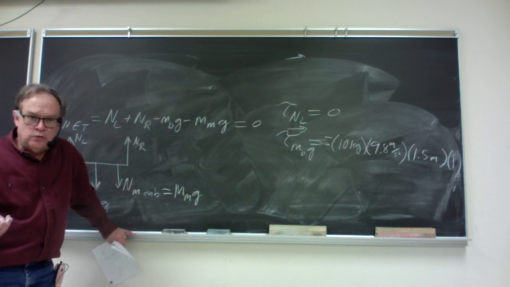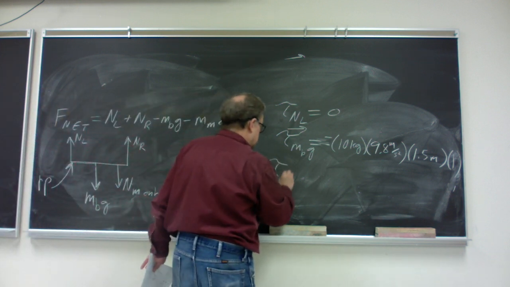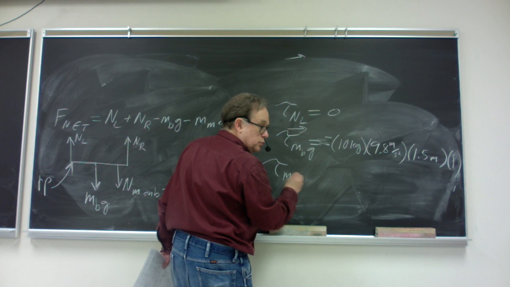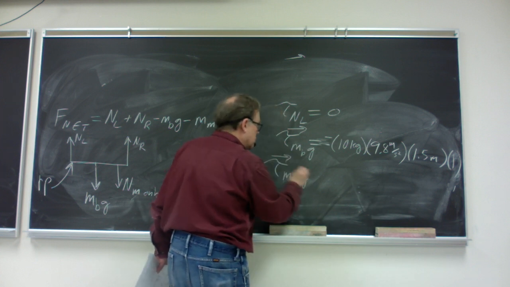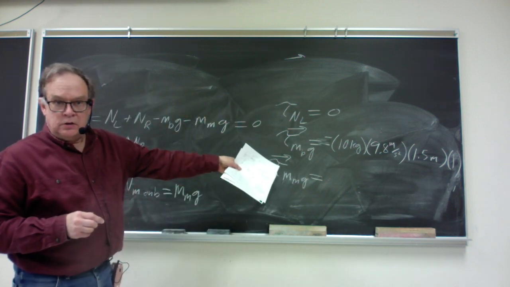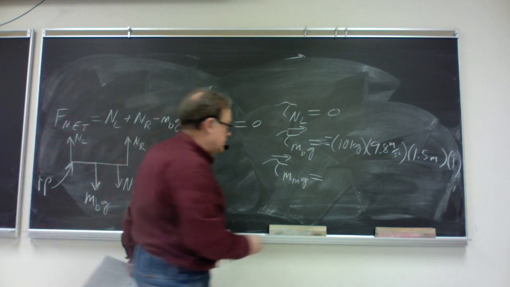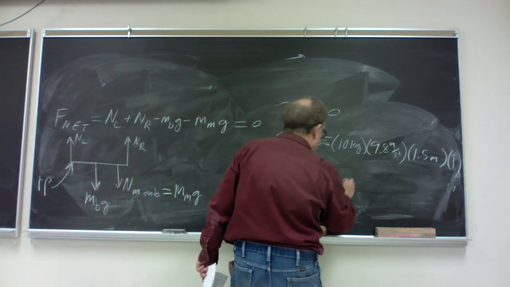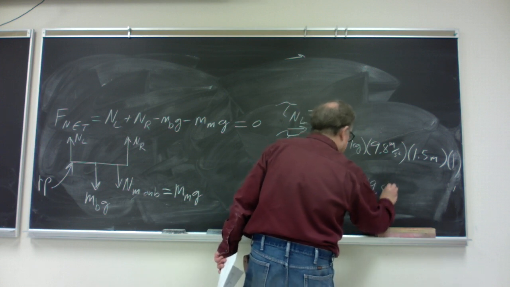Next, the torque from the force that comes from me, which is equal to my weight, mass of me times g. So the first part in the torque equation is the magnitude of the force, which is my weight, 80 kilograms times g, 9.8 meters per second squared.